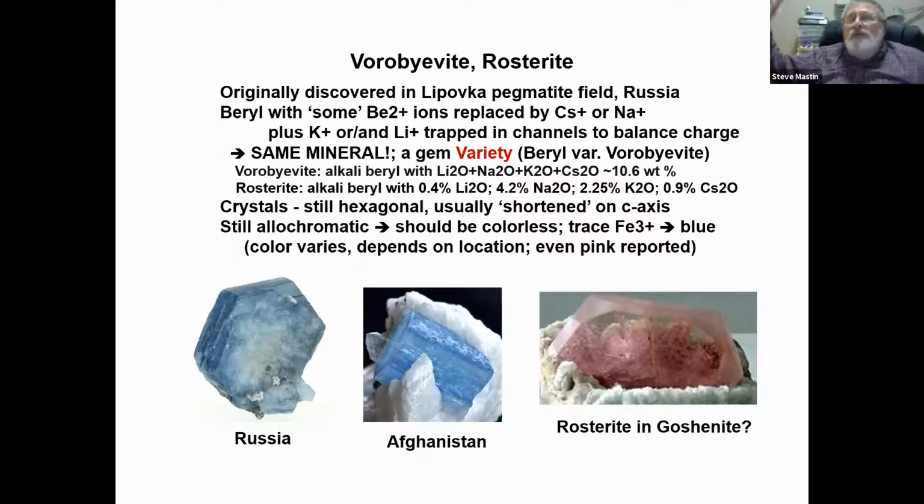It's just got a lot of impurities in it. And so it's a gem variety. And the way you would name it is beryl variety vorobayavite. And nobody's still sure that it's a real thing, because all you find are these little tiny crystals of it. And they're funny crystals. The ones from Russia look like squashed hexagon crystals.